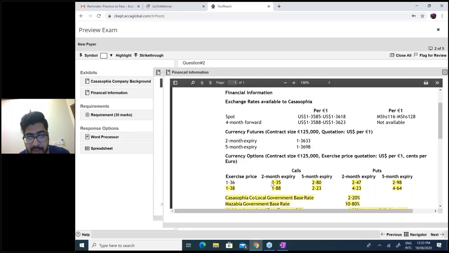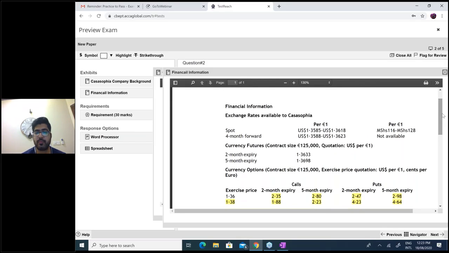All these figures which I have highlighted, this 2.35, 2.8, 2.47, 2.98, 1.88, 2.23, 4.23, 4.64, these are all premiums, because whenever you want to enter into a call or put option, you need to pay a premium.